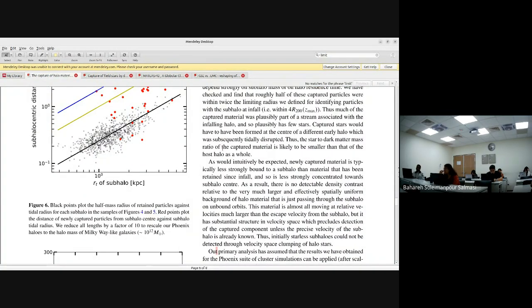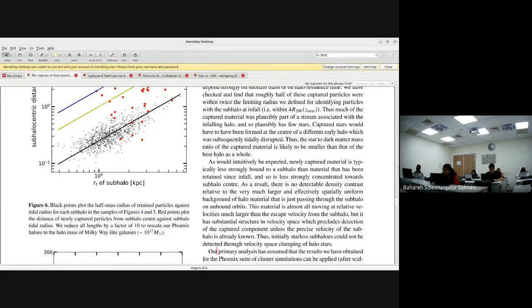The paper is just trying to say that the previous assumption, that capture of field stars is efficient enough for purely dark, non-star-forming subhalos to become visible if they fall into a galaxy and capture its stellar halo, does not hold.